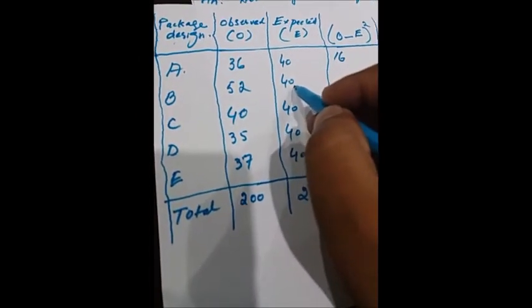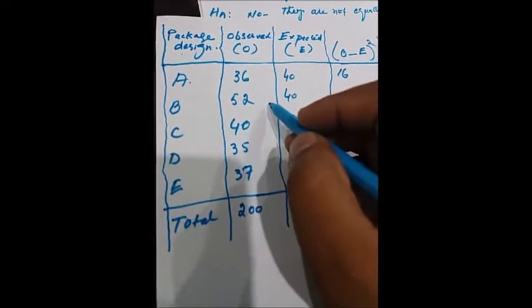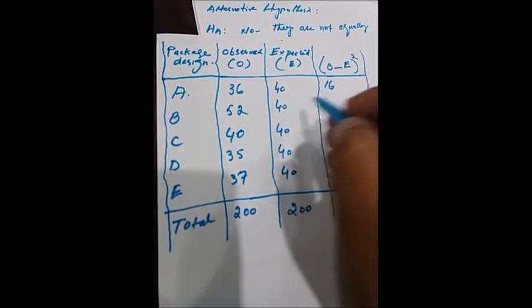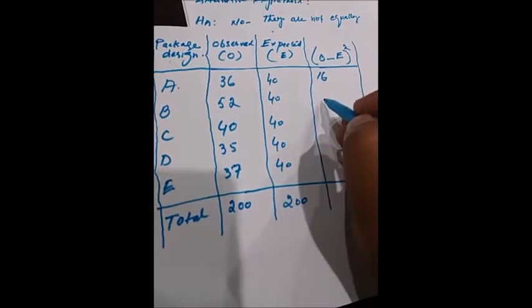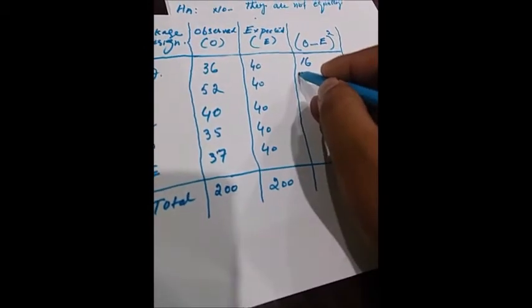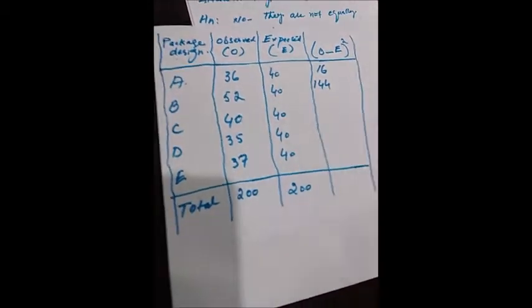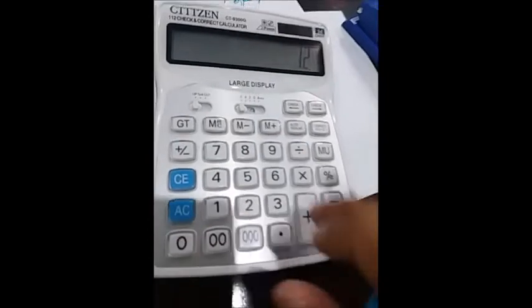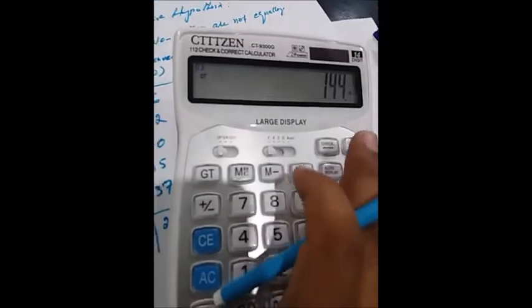52 minus 40 is 12. 12 whole square is 144. So you can check, 12 whole square is 144.